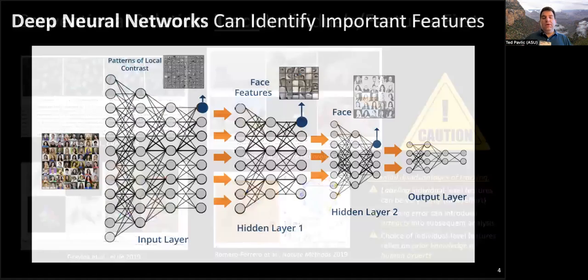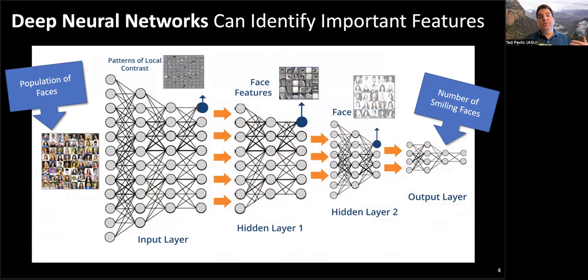Now, we're much more accustomed to using deep neural networks like this deep convolutional neural network here that, when trained to do a particular task, automatically identify important features from raw video data. So in this particular case, you've got a population of faces and you've got this multi-layer network, and at different layers in this multi-layer network, it extracts different features at different coarsenesses.